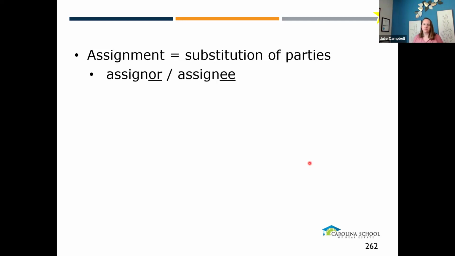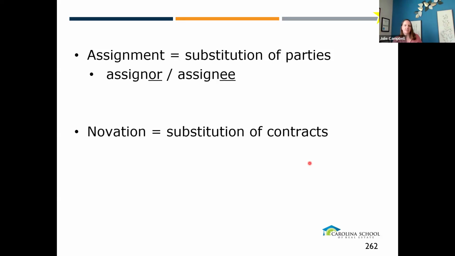I think a good example of an assignment, if you have somebody sublet or take over your lease, the landlord stays the same. The terms of the lease stay the same. The only thing that changed was the name of the tenant. You assigned your contractual duties and obligations to somebody else.